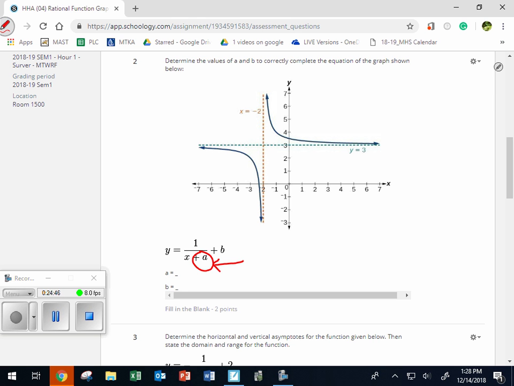Looking at this graph, can you tell it moved to the left? How far? Do I put a negative 2 or a positive 2 right here? Positive 2 would mean to the left 2, so A must be 2. That makes sense? And then how about this? That's how far it moved up, right?